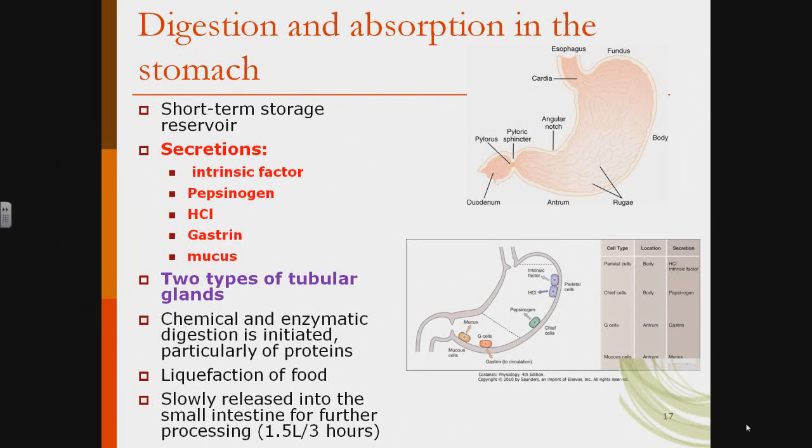And then next, we have gastrin. Gastrin is released by the G cells shown in the bottom right picture. G cells release gastrin in a hormonal fashion. Gastrin, released as a hormone, will circulate throughout the whole body, only to end up and target the parietal cells of the stomach to secrete more hydrochloric acid.